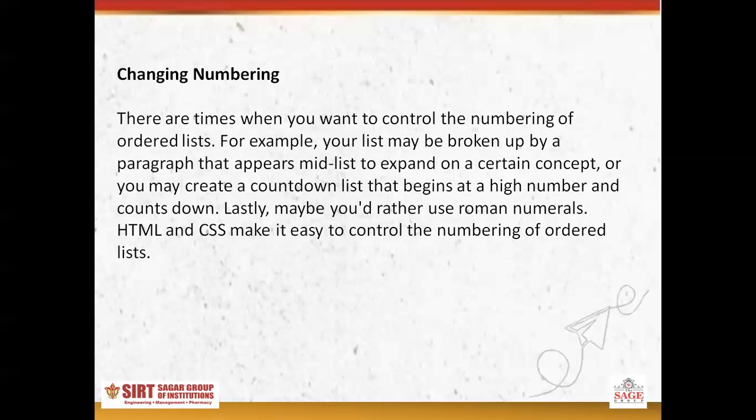Next, changing numbering. Here, you want to change or control the numbering of the ordered list. For example, your list may be broken, or your list items may be differently arranged, or you want to provide a countdown, or you want to start your list with some basic number or special number, then you use a countdown list.